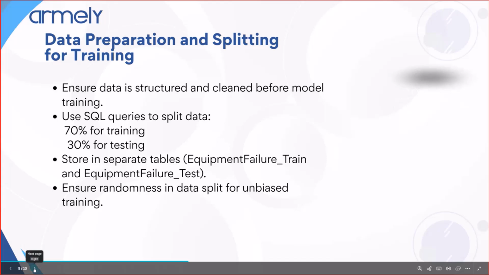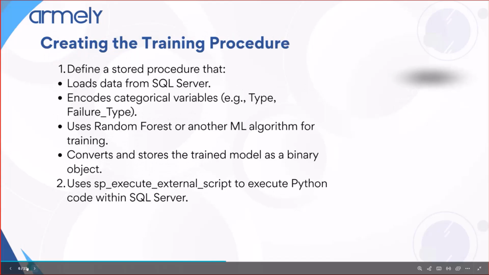And then after we do the data preparation and splitting, we get to create the training procedure. A stored procedure in SQL Server is like a reusable function that helps us automate tasks.